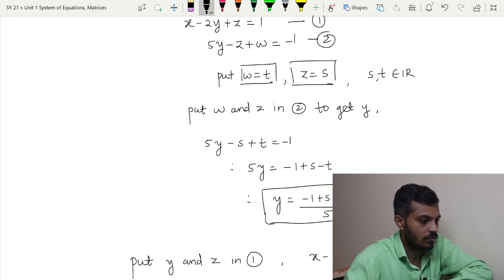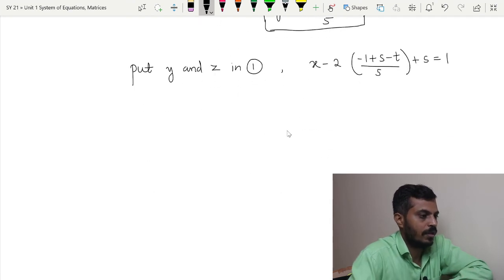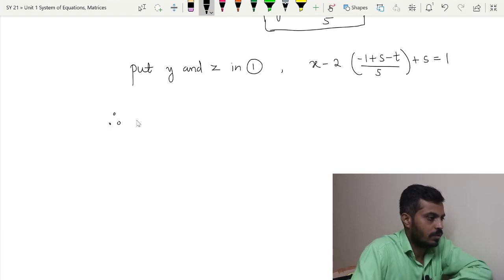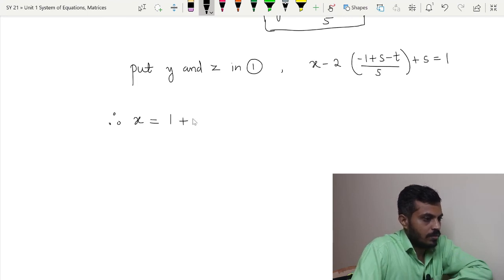x minus 2 times minus 1 plus s minus t upon 5, and plus my z, which is s, is equal to 1. So, let us simplify it. Therefore, x will be equal to 1 plus 2 upon 5 inside the bracket minus 1 plus s minus t, and it will be minus s.